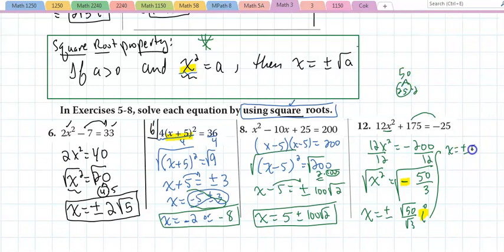So this clears the radical as a 5. Radical 2 over radical 3 i. And I need to rationalize. If I multiply top and bottom by radical 3, I will get x to equal plus or minus 5. Radical 2 times radical 3 is radical 6. Radical 3 times radical 3 is a 3 and an i.